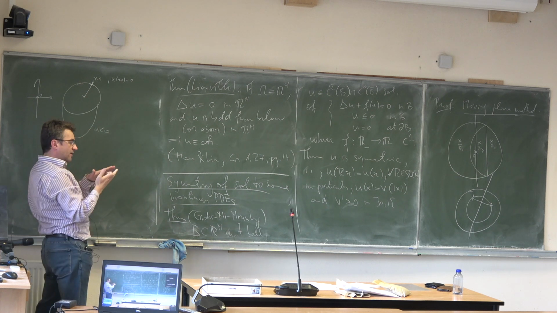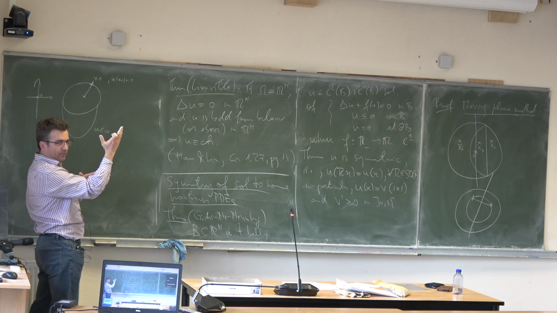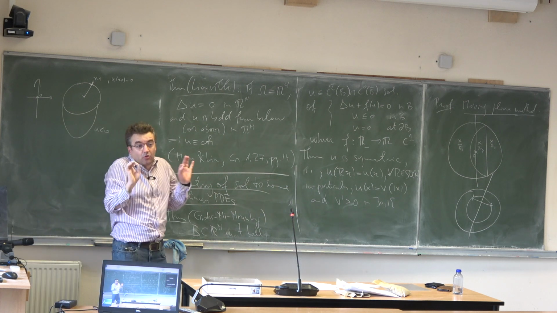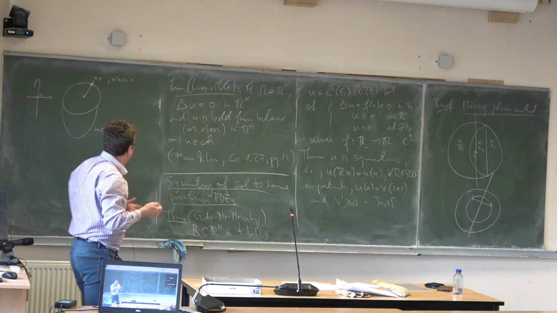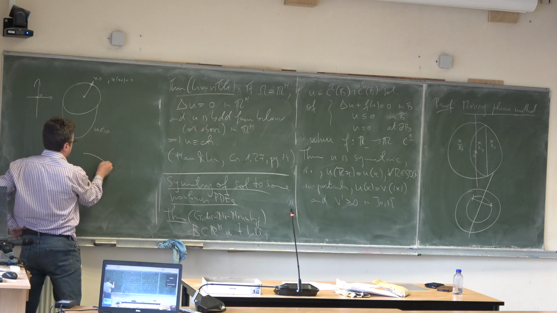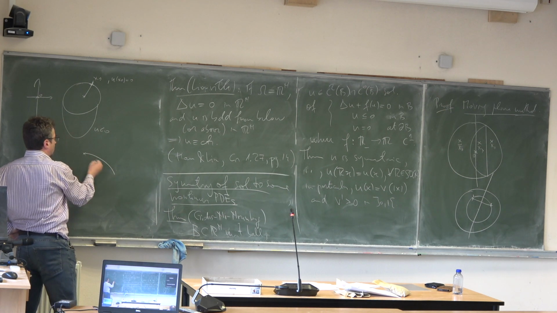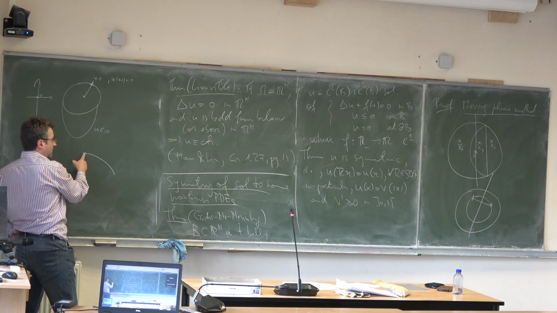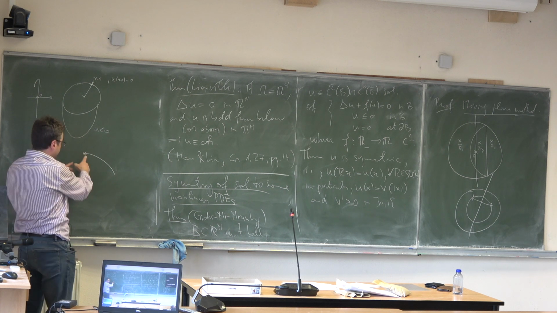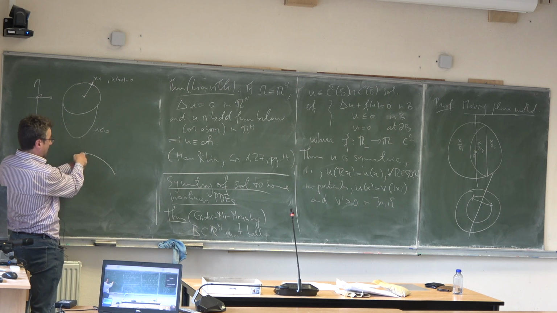Your function is strictly increasing, right? But it could also happen that the derivative is 0. Imagine you have some function like sinus or cosinus, so here the derivative could be 0. So you have a strict thing.